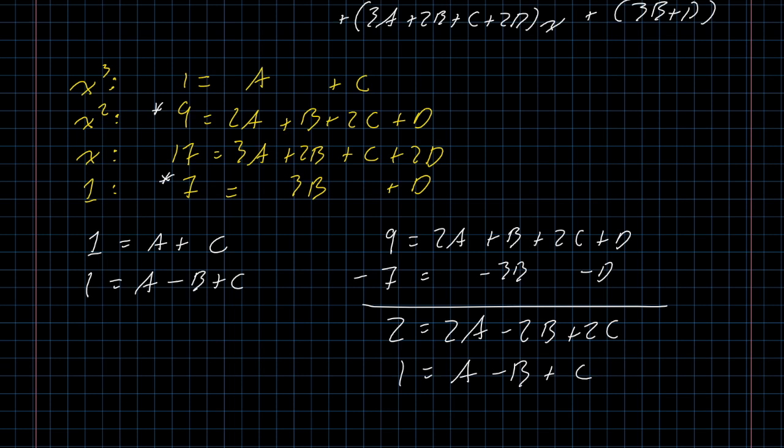And I'm really getting somewhere at this point, because I can subtract those two equations. That gives me 0 equals b. That is incredibly convenient. b is 0. All of my b's are gone.